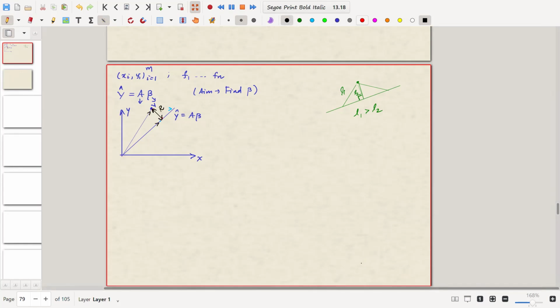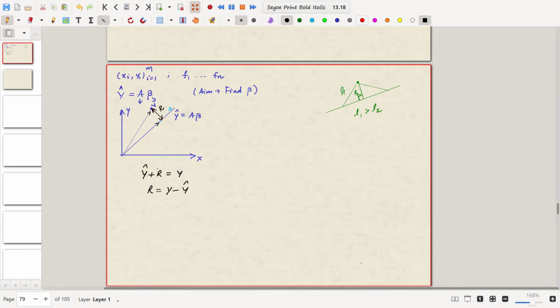So from the vector law of addition, y hat plus r equals the resultant. Y hat, this vector, plus this vector is equal to the resultant. So what should be the resultant vector? Y minus y cap. So r is nothing but y minus y cap.